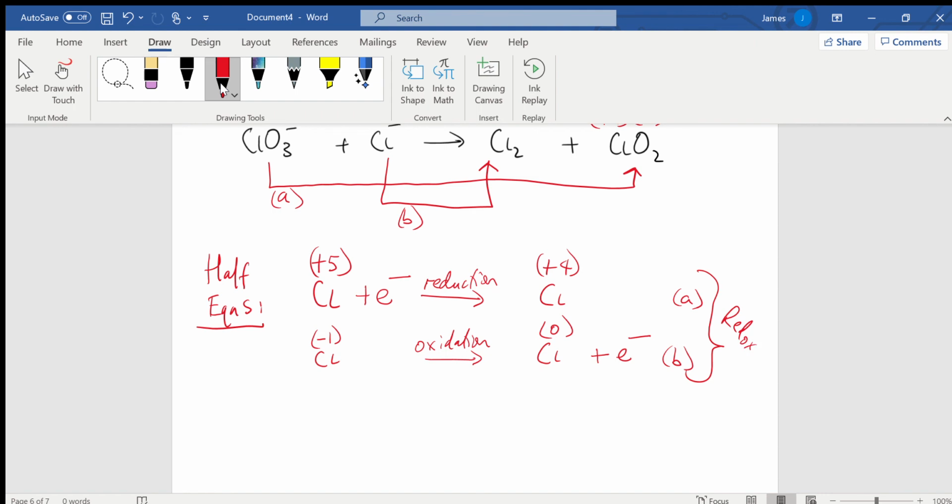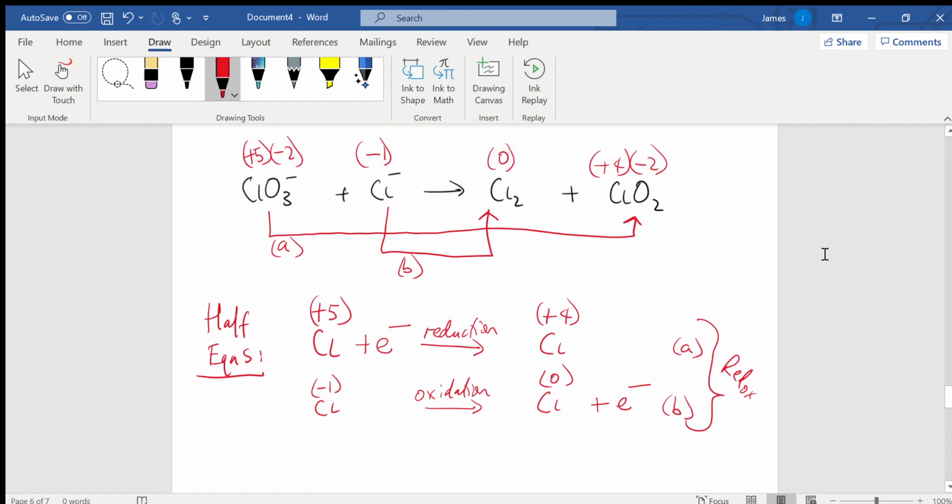But more importantly, now I know exactly which the agents are. So remember, let's use a different color. Let's use blue. Okay.